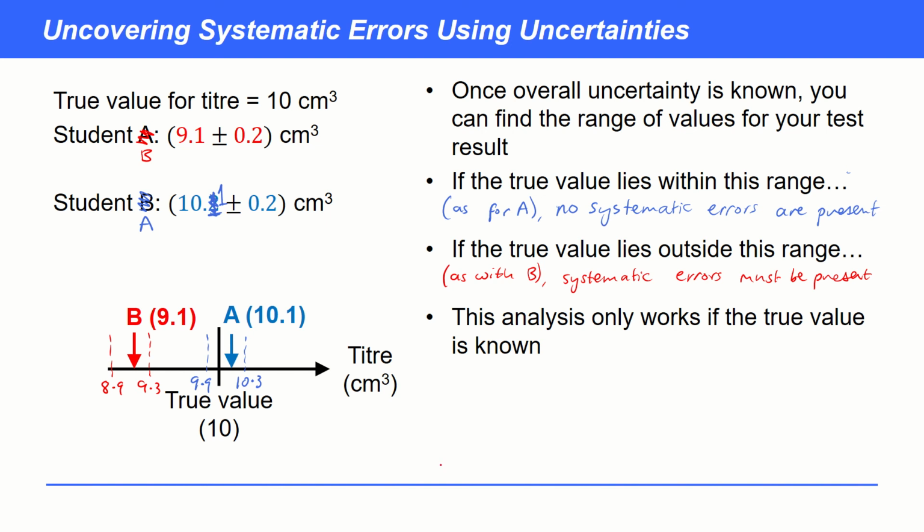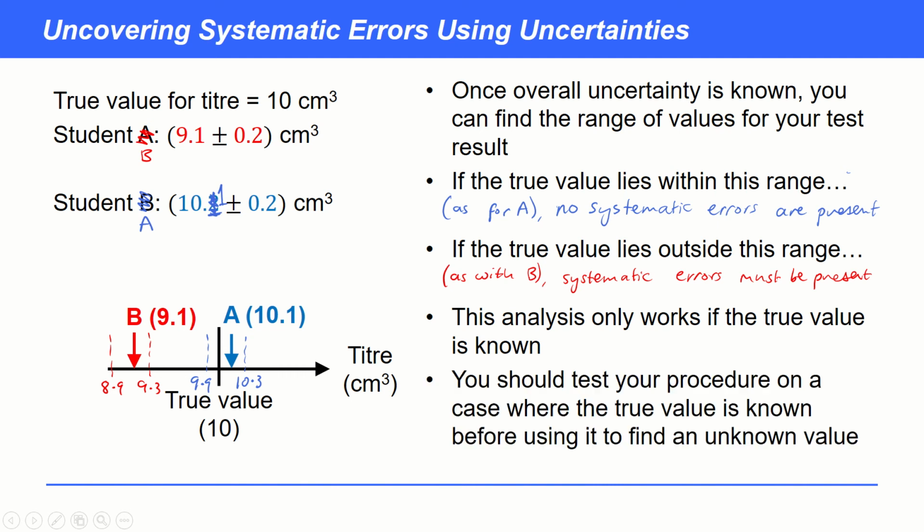Now this analysis only works if the true value is known, which, as we started the video in saying, most of the time you don't. But actually this can really help you, because if you come up with a new experimental procedure, you should test your procedure on a case where the true value is known before using it to find an unknown value. So if you're trying to find out a value for absolutely anything, test your method on something where you know the answer.